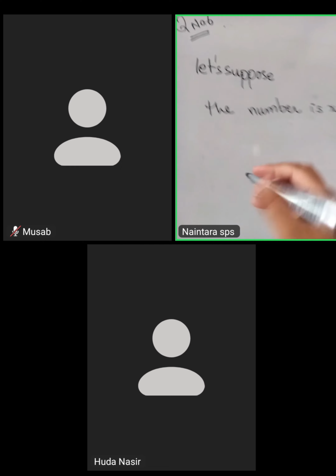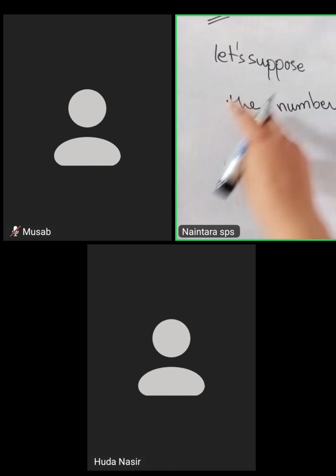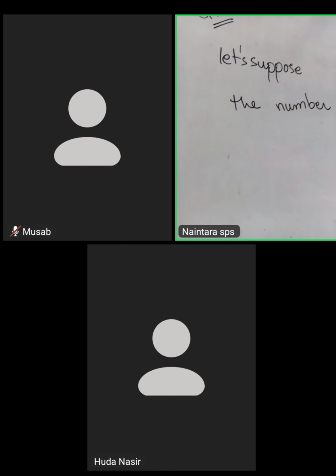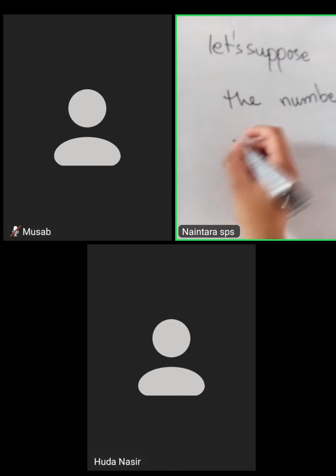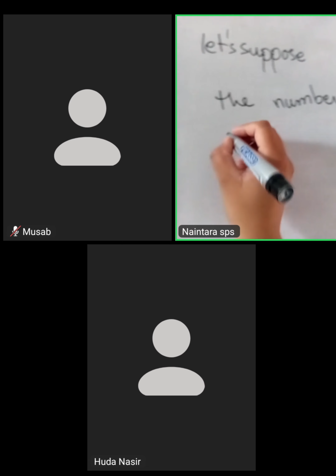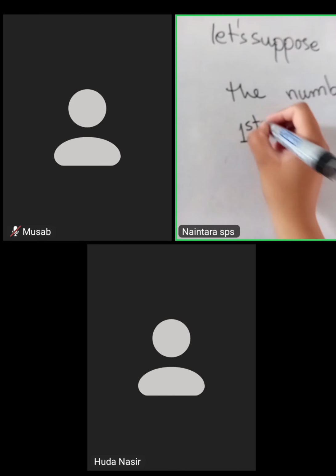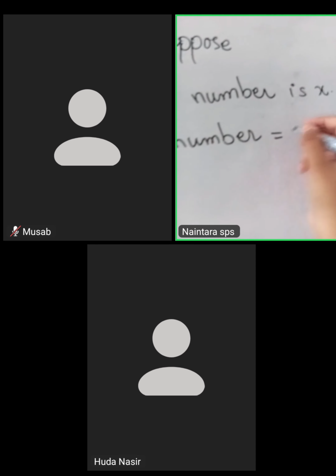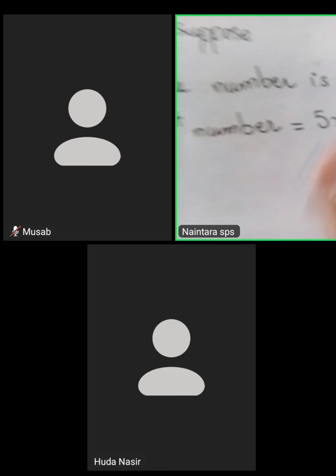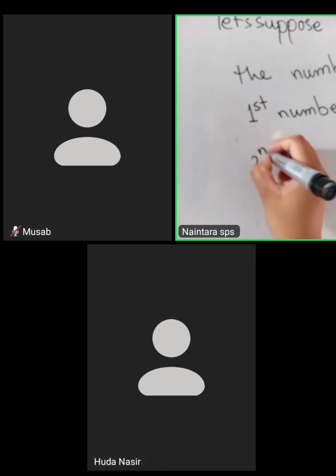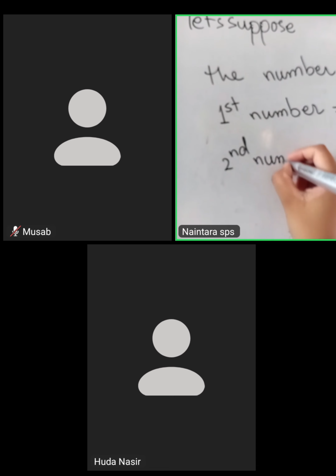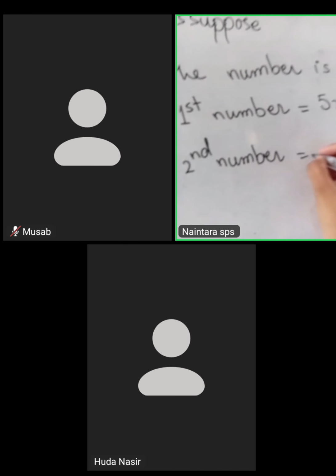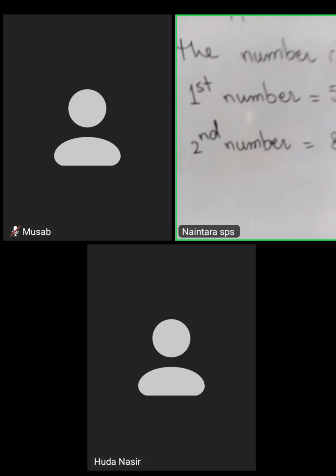Let's suppose the number is x. We are going to find out two numbers. Both are in the ratio 5:8. 5:8 means the first number is 5x and the second number is 8x.